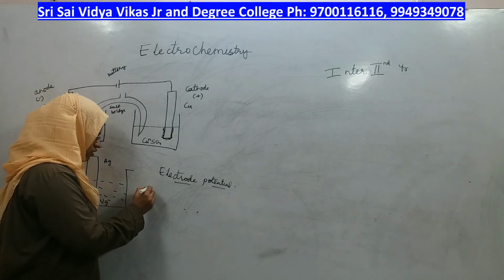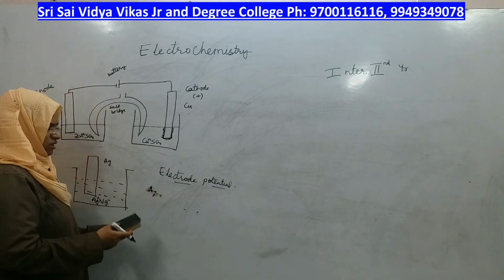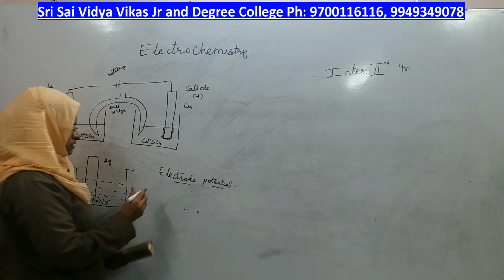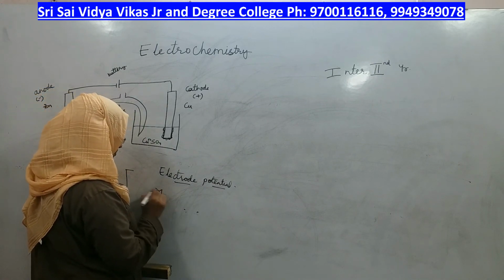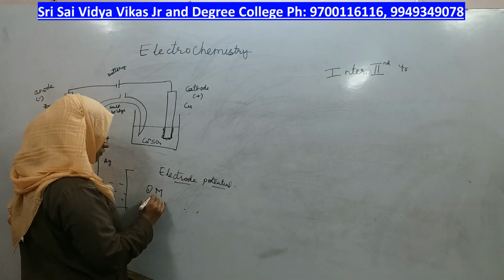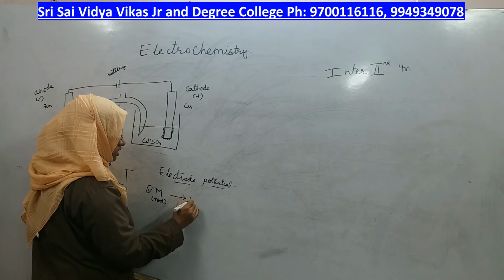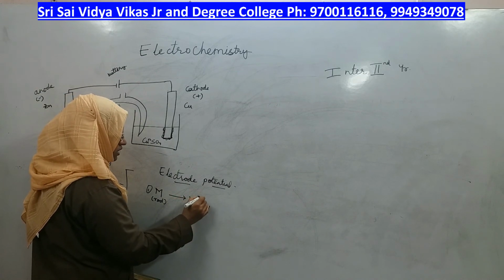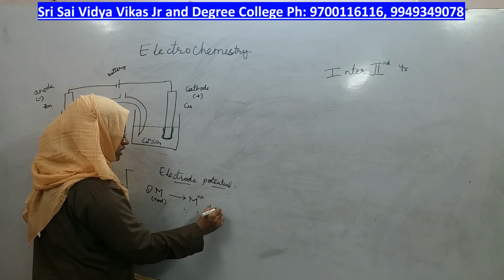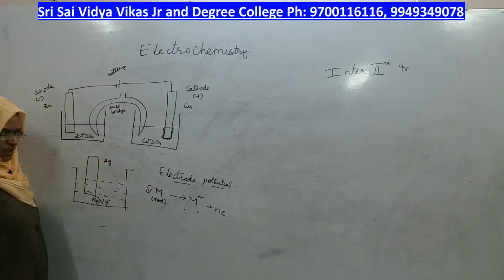What is the reaction for oxidation? I will take only metal, which can be represented as M. One possibility is this: metal from the rod can undergo oxidation to become a metal ion by losing electrons, right? This is one possibility.